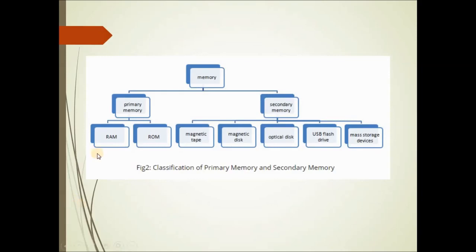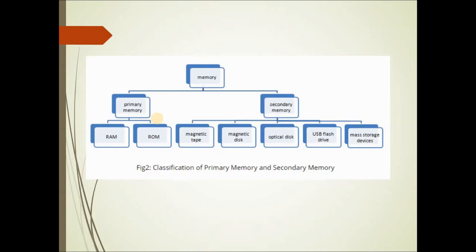In primary memory there are RAM and ROM. RAM is temporary but ROM is permanent. In RAM you can store data temporarily during the execution of a program, and in ROM you can store data permanently. Actually, we are not going to use ROM; it is used by the manufacturer of the motherboard at the time of manufacturing.